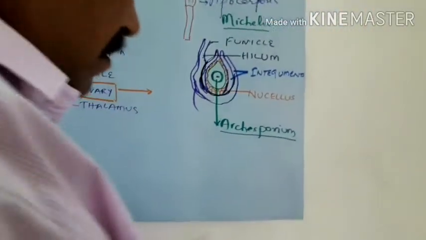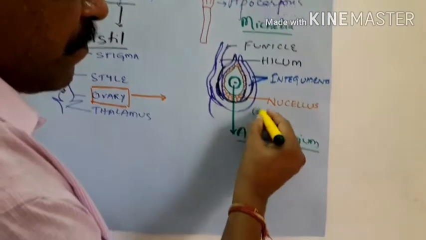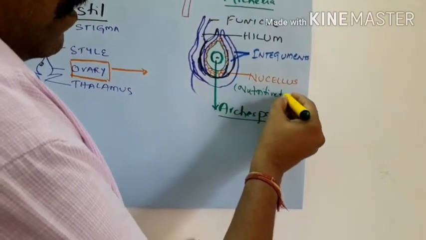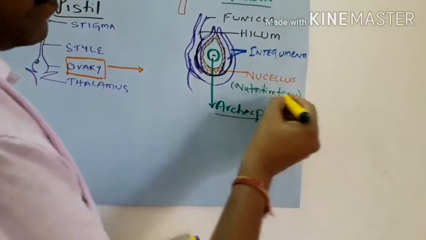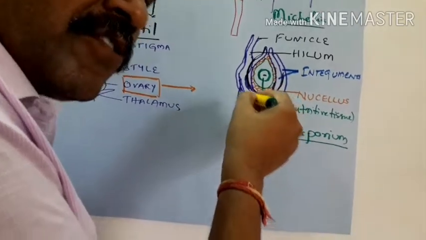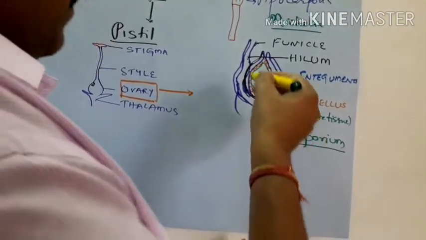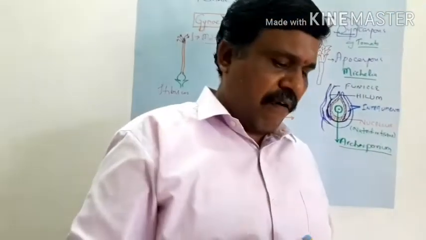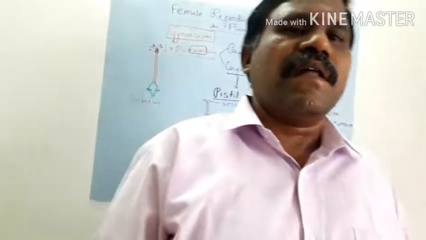Let me write it here. This is the nutritive tissue that helps the development of this megaspore. Well, children, now how is this megaspore being formed? Just recall what we discussed in the last class.